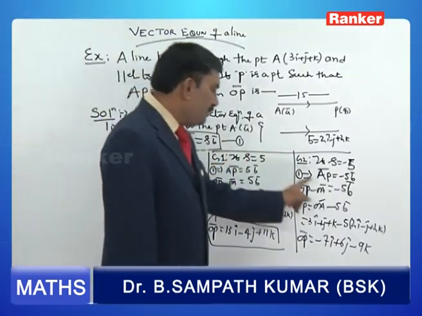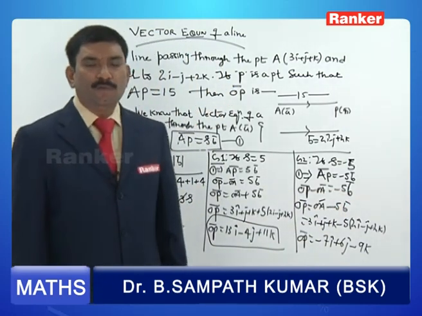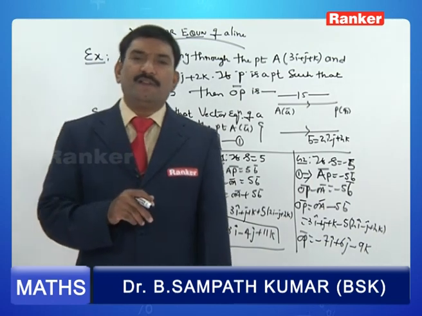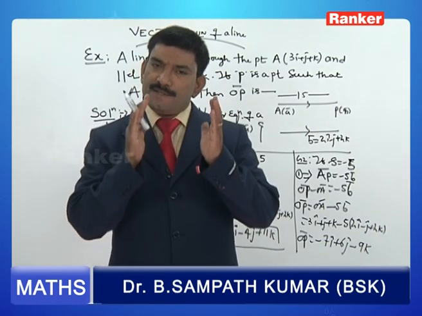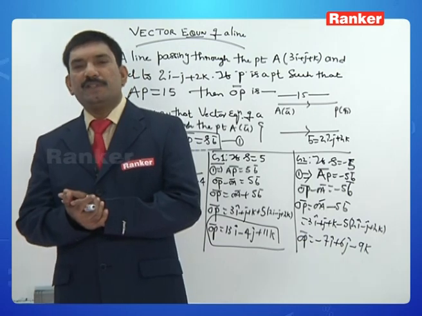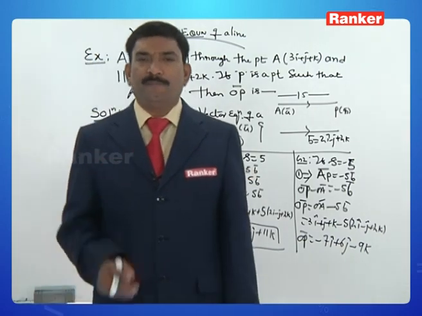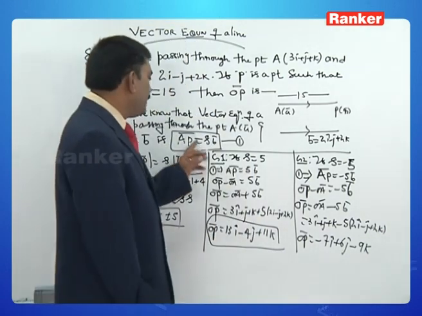This is its locus. We have to speak about the locus. Instead of writing directly R bar is equal to A bar plus SB bar, I stopped at AP bar is equal to SB bar. Why? Its locus can be interpreted at any time. So therefore, AP bar is equal to SB bar.